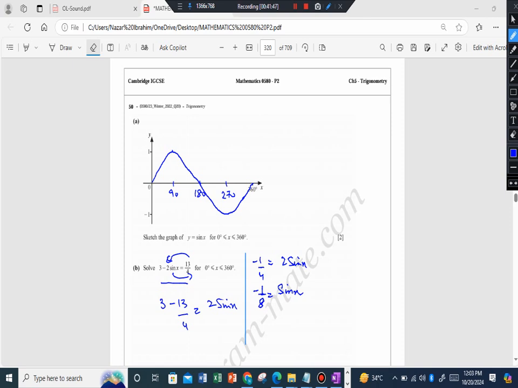Okay, now just take sine inverse of minus 1 upon 8. Of course it's negative, so our angle is also negative, which is not required, and that will be our base angle, minus 7.18018. Okay, let's make a Cartesian plane again. So minus 7.18 means the angle should be on this side, right? Somewhere here, and this is minus 7.18.